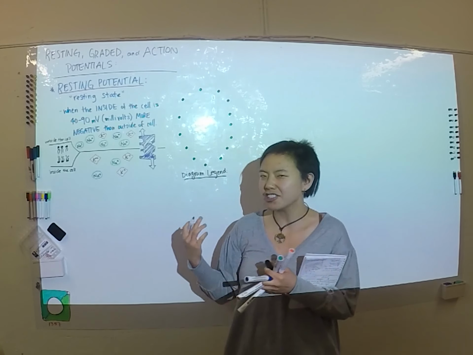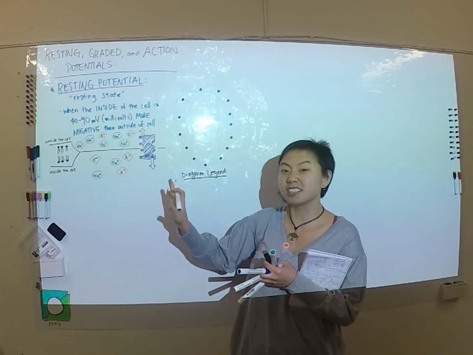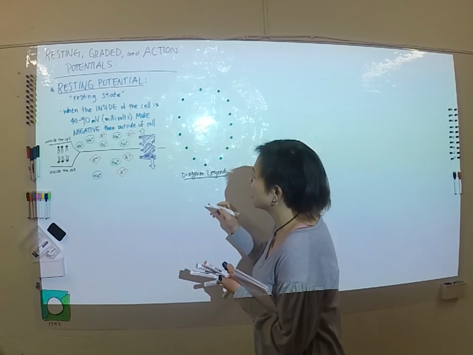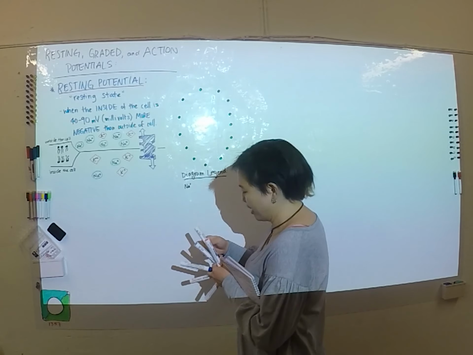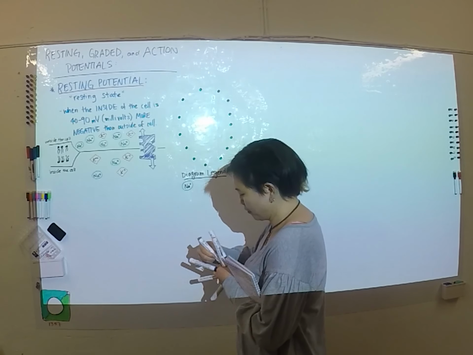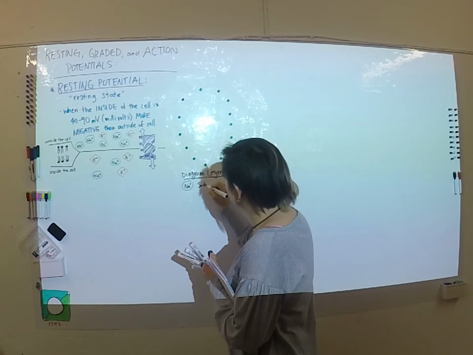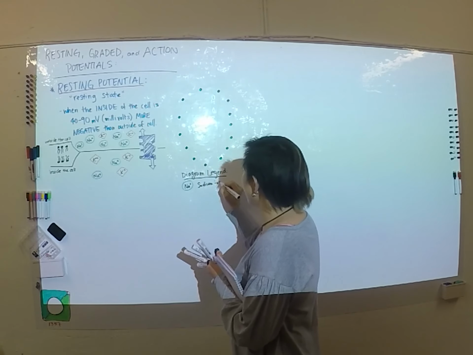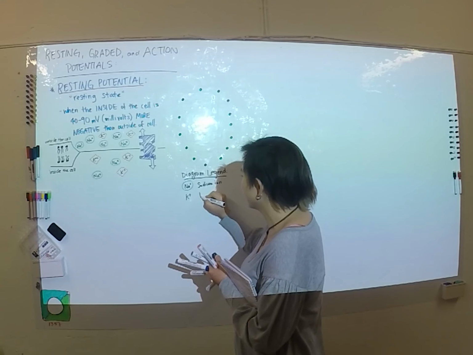A diagram legend just is something on a diagram that tells you what all the symbols mean, okay? All right, so we have sodium ions. So this is a sodium ion. Then we have our potassium ions.